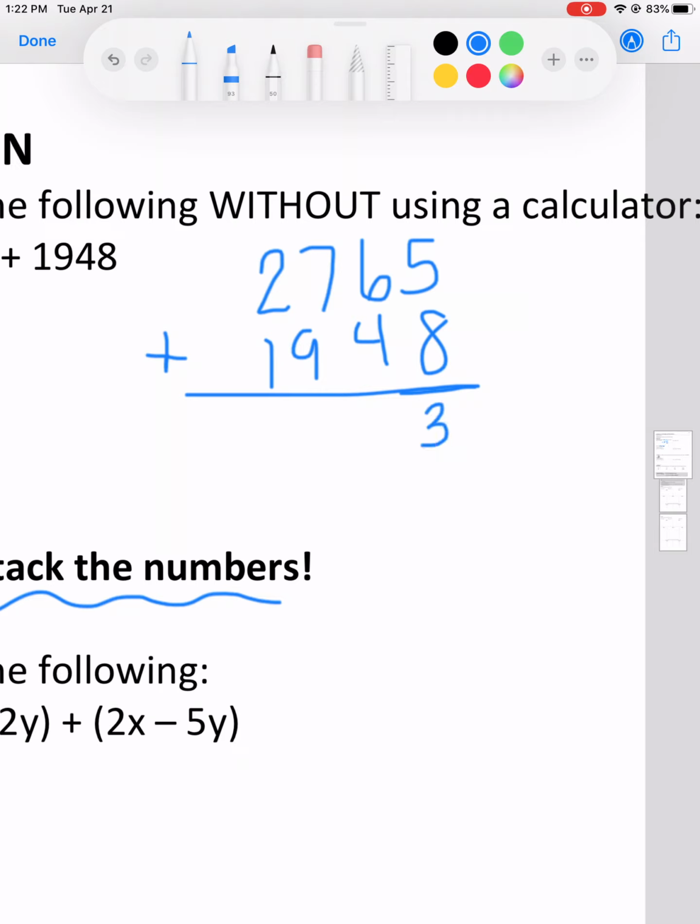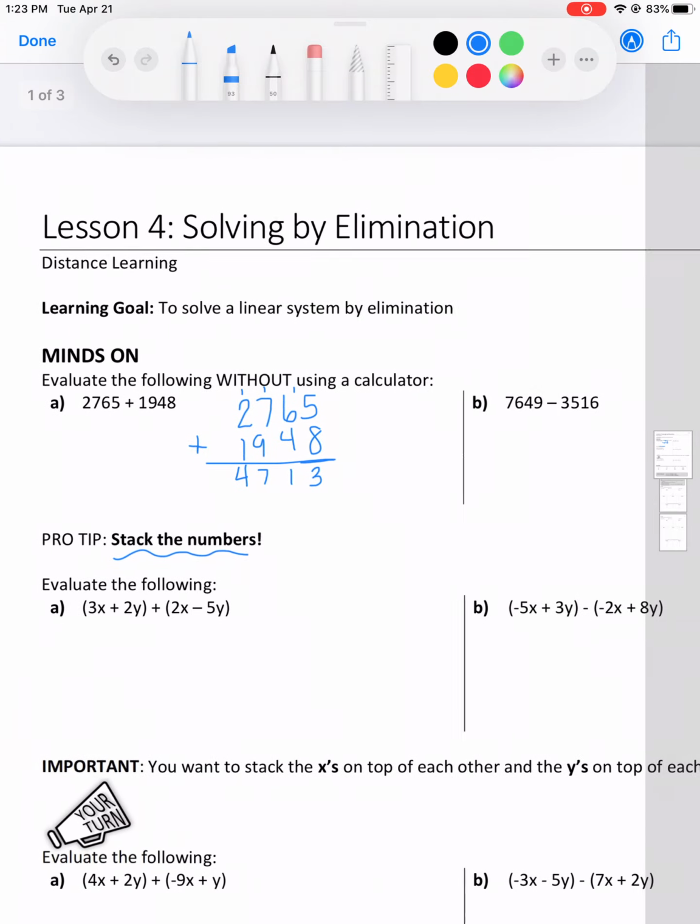Remember, we only write the last digit, and we carry the next digit to the top. 6 plus 4 is 10, 10 plus 1 is 11. Carry it. 9 plus 7 is 16, 16 plus 1 is 17. Carry it. And then 2 plus 1 is 3, 3 plus 1 is 4. And that's your answer. And then you can always check your calculator to see if that's right.